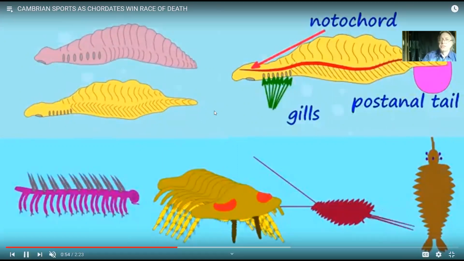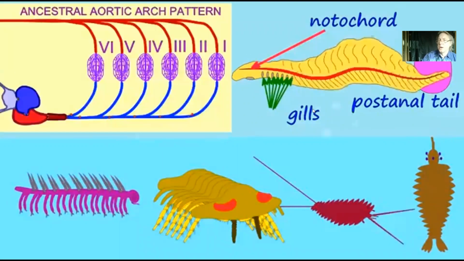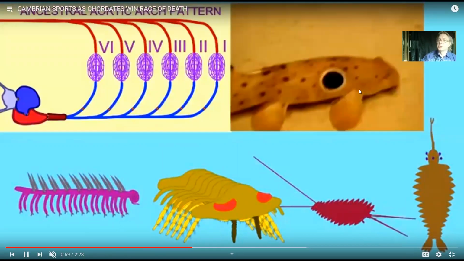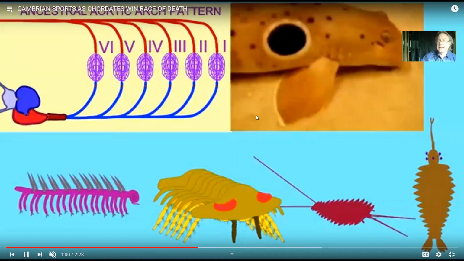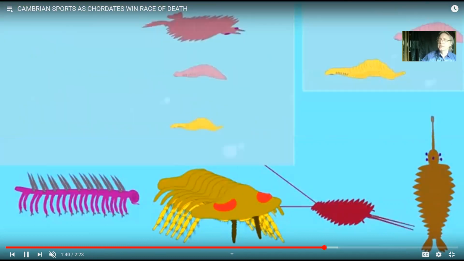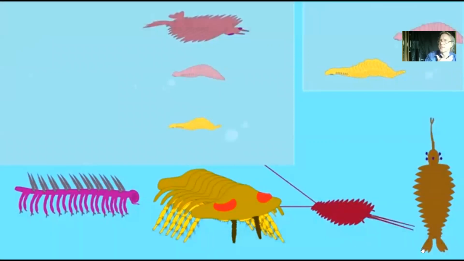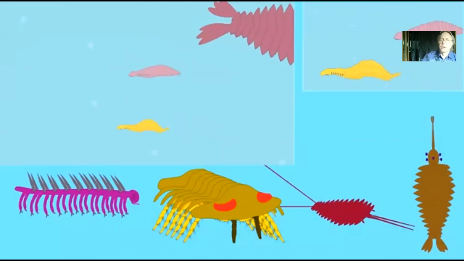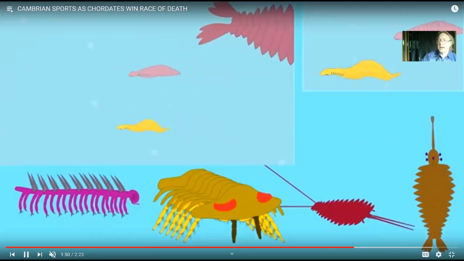The postanal tail is just for propulsion. The gills let the animals get more oxygen, and thus let them support faster swimming. And so these early chordates would have been better able to, in this example, evade a predator and swim faster because of getting more oxygen, of having that notochord support rod and having that post-anal tail.